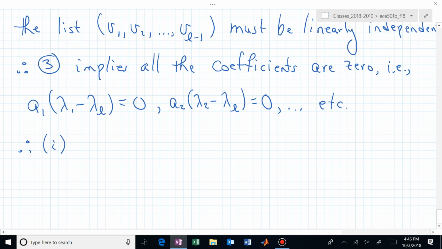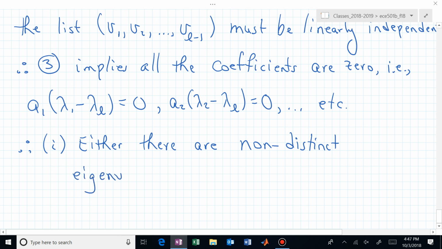Let's say the first one is either, there's the one that we really have already assumed. We assumed that all of the lambdas were distinct, but if they weren't, so either there are non-distinct eigenvalues, which is a contradiction, and so we could quit on that.